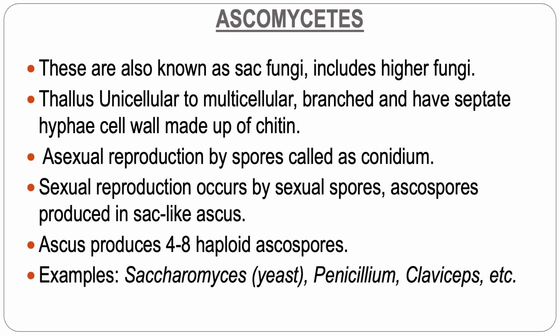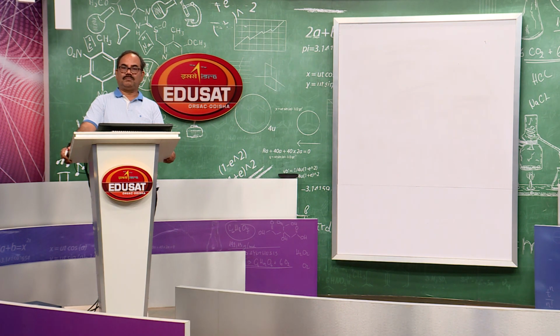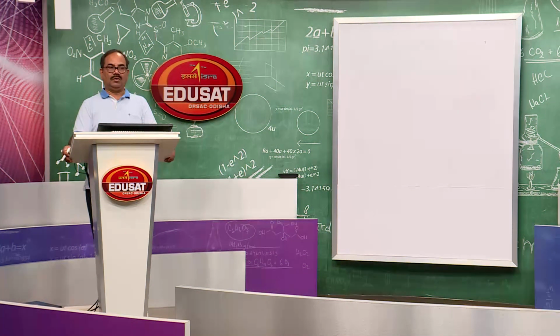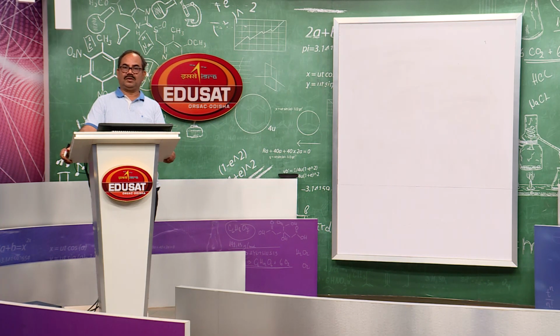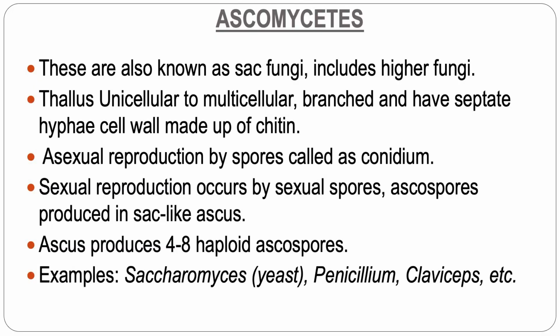Asexual reproduction is very common, through spores called conidium. We shall have formation of conidiophores, and chains of conidia are borne one above the other, forming quite a number of conidia, and when the conidia are dispersed and get suitable environmental conditions, they grow into independent plants. Sexual reproduction occurs by sexual spores, forming ascospores.